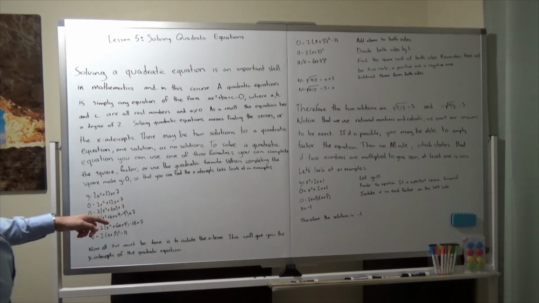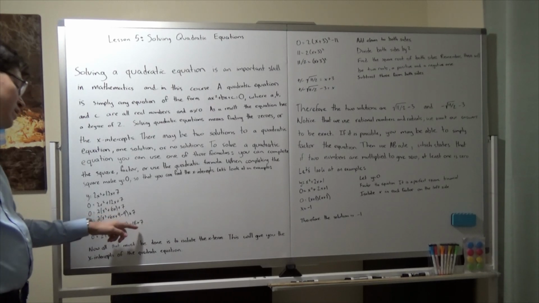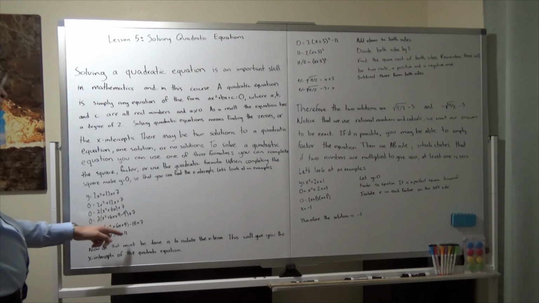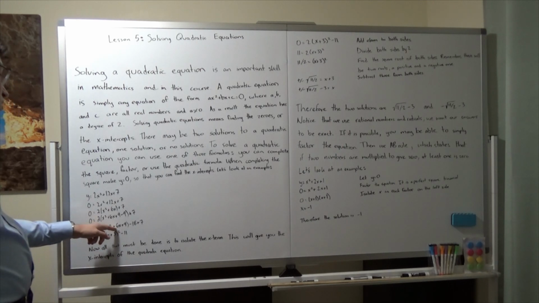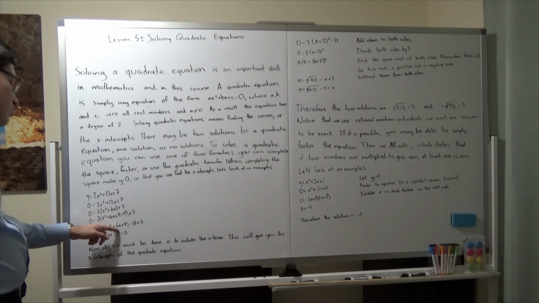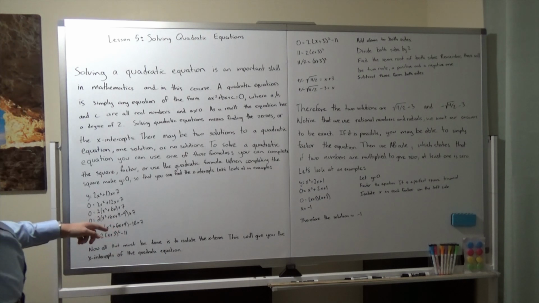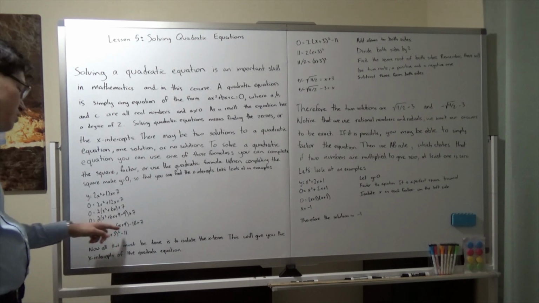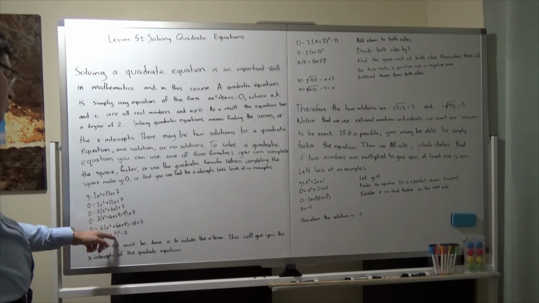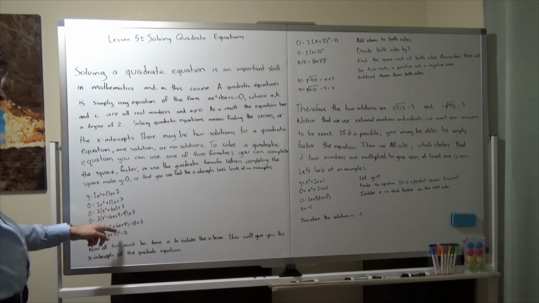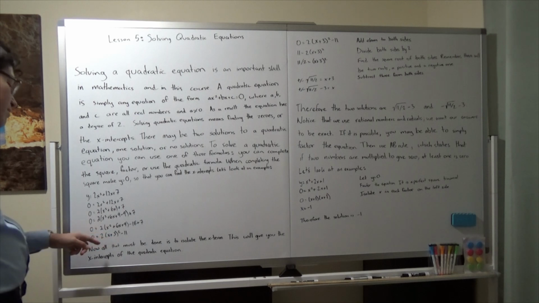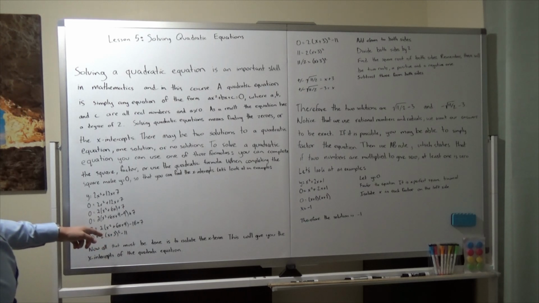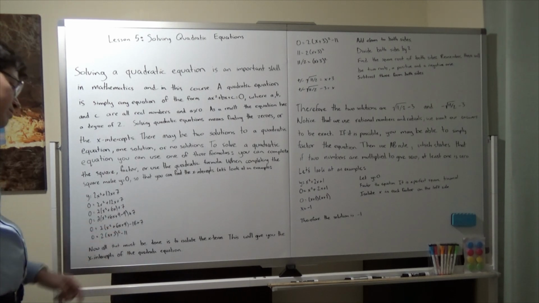Negative 9 times 2 is negative 18. Negative 18 plus 7 is negative 11. Then we factor the perfect square trinomial. We take the square root of x squared, we take the square root of 9, x plus 3, and then we square that. x plus 3 squared. 0 equals 2 times x plus 3 squared minus 11.